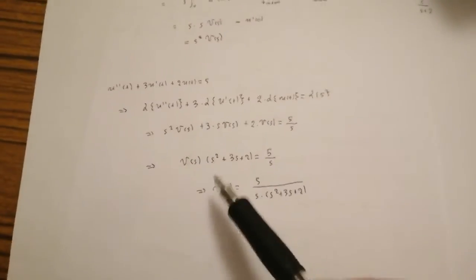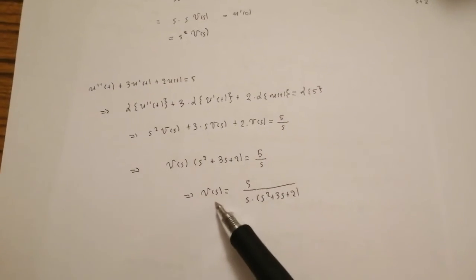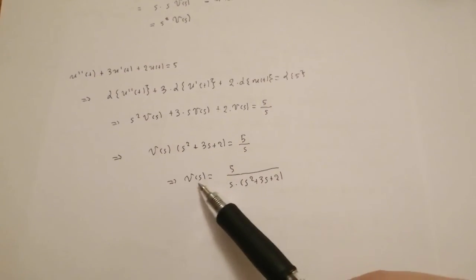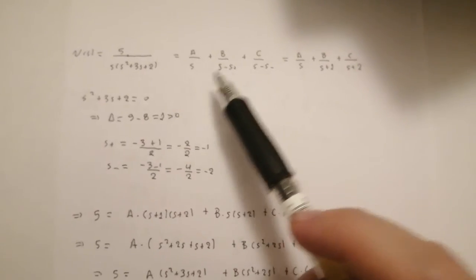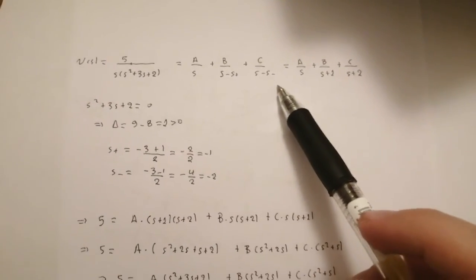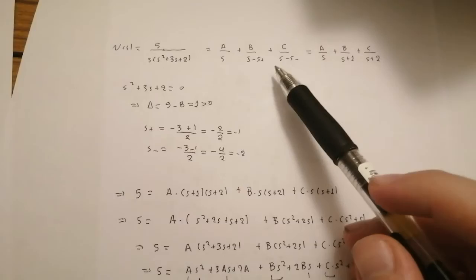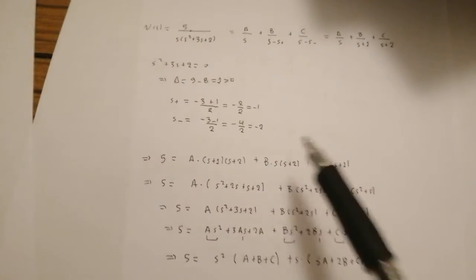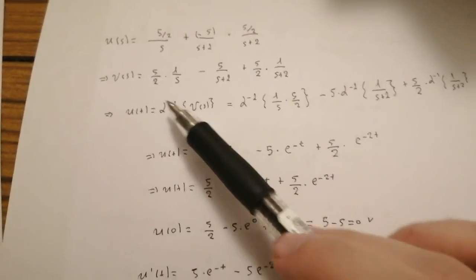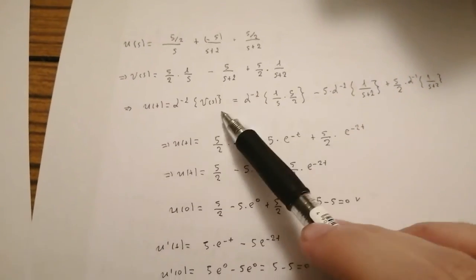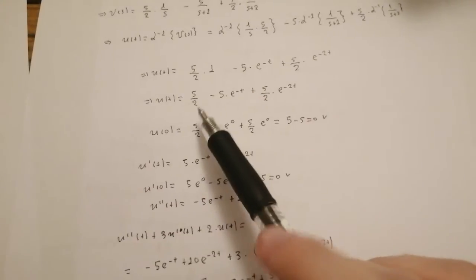Then you see that I just have this U of s. Now this is my unknown. I have to do this splitting into partial fractions, find these coefficients, then take the inverse of the Laplace transform on this equation, and finally find my function.